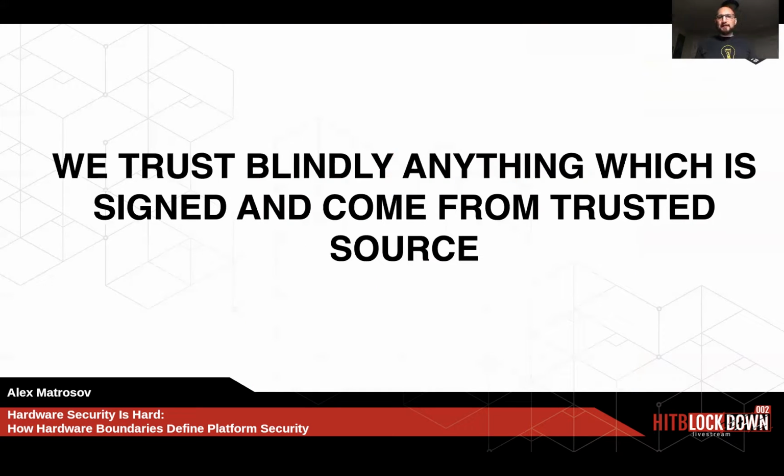We blindly trust anything which is signed and comes from a trusted source. Basically, we have infinite trust in signed firmware blobs or any other binaries coming from trusted resources, right?